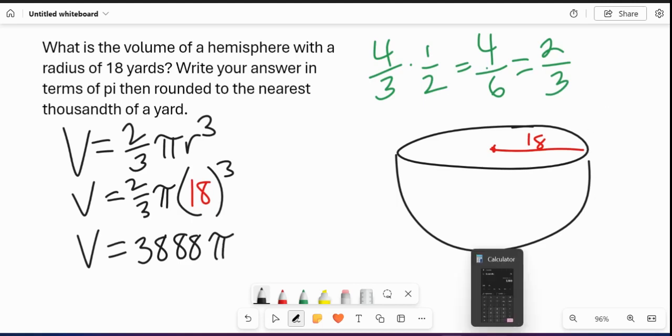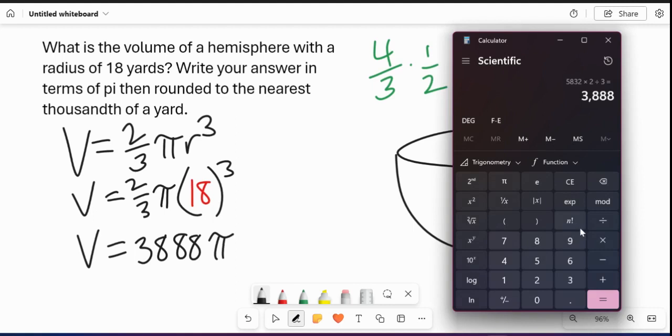All right, so I have that number in my calculator, and now multiplying it by pi equals 12,214.512. Thousandth, so the first 2 is in the thousandth spot. The next 2 keeps it the same.